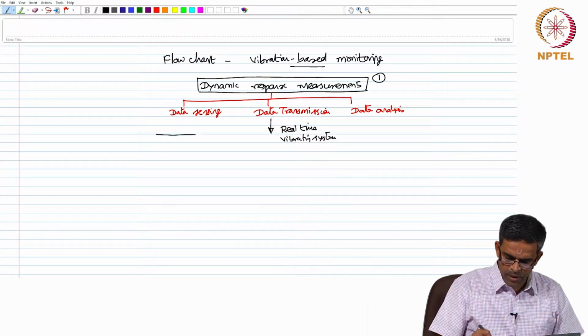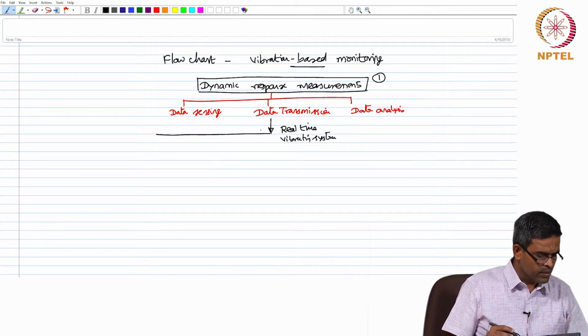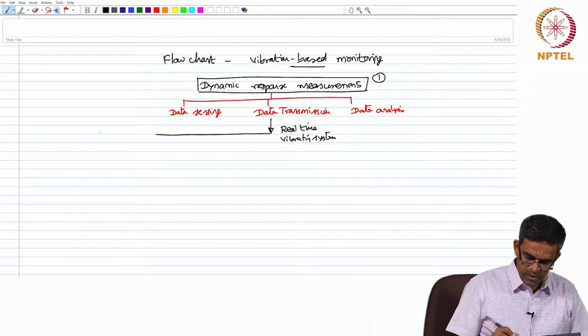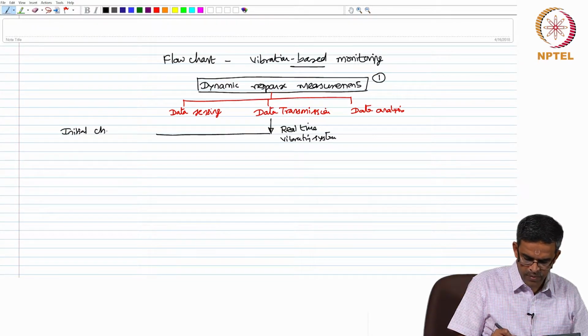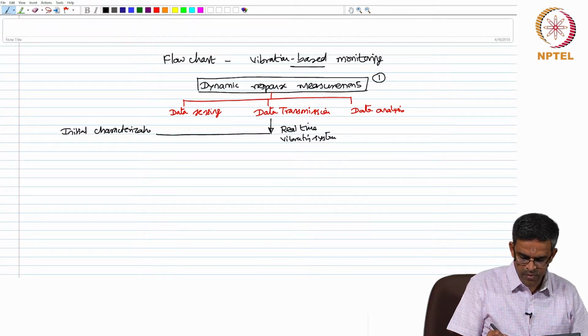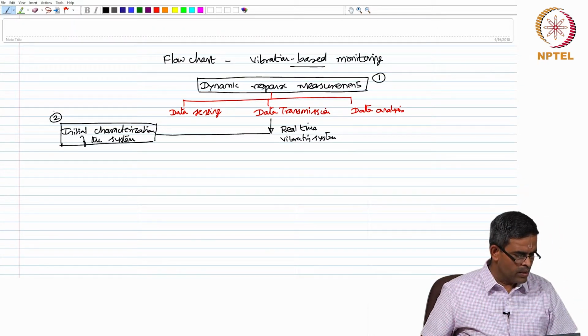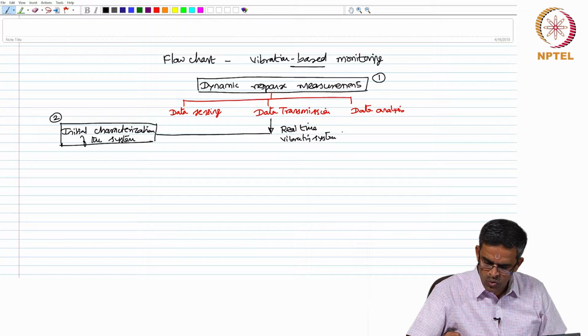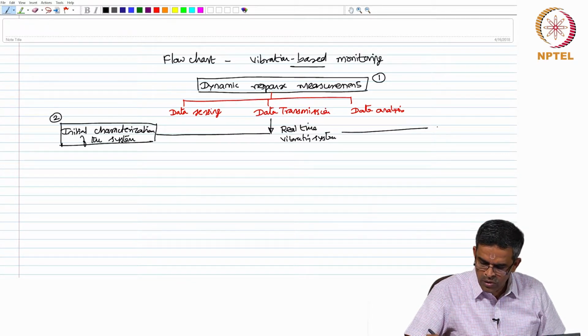So, we will be able to get initial characterization of the system, this is the second step. Parallelly, one can also do continuous monitoring.